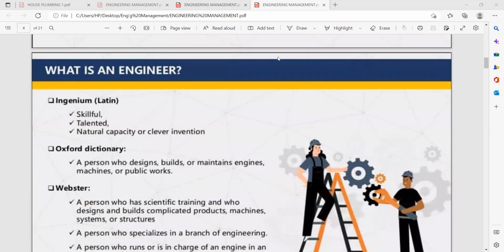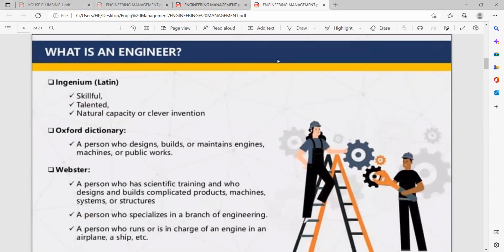So here, what is an engineer? An engineer is, again, from a Latin word, ingenio, which is translated as skillful, talented, and natural capacity, or kumbaga clever invention. And by dictionary definition, it is a person who designs, builds, or maintains engines, machines, or public works.